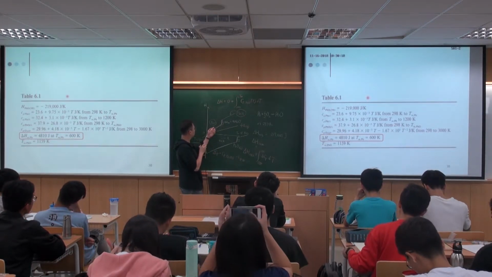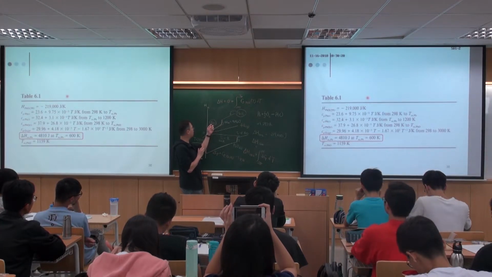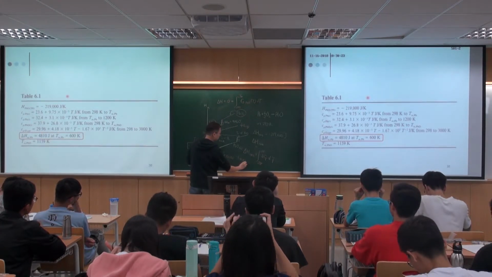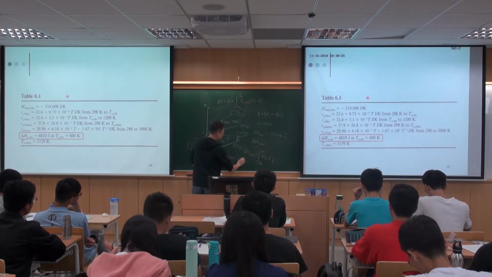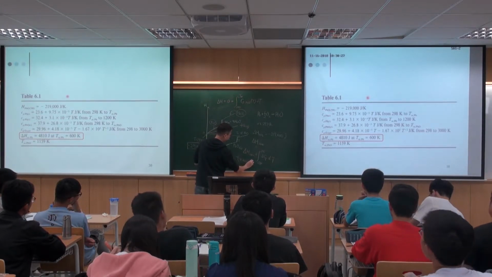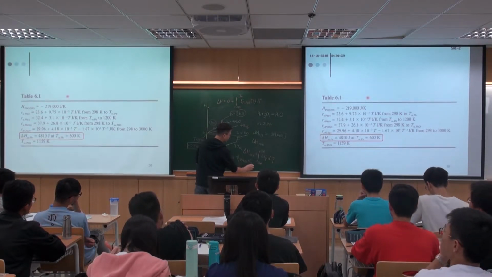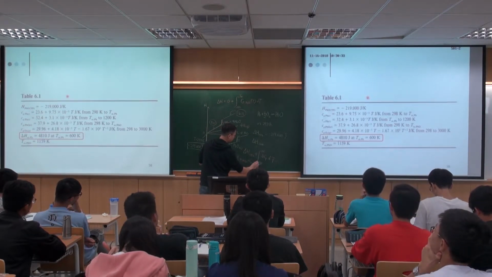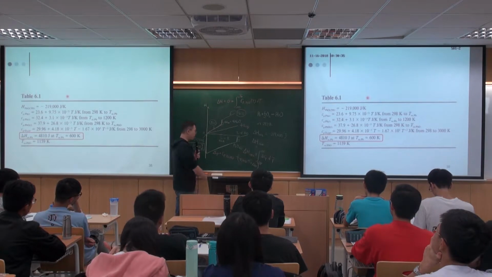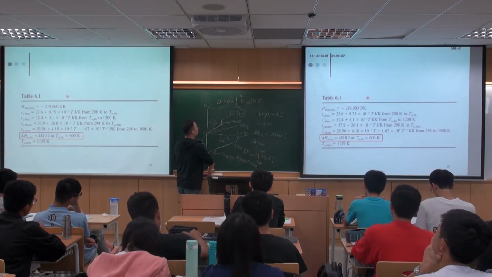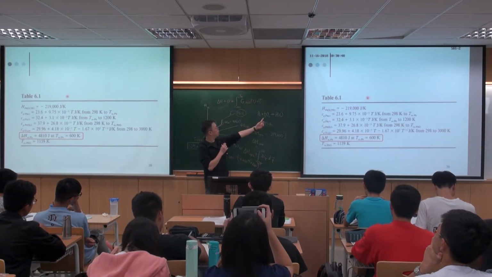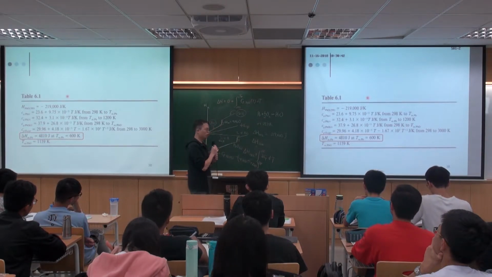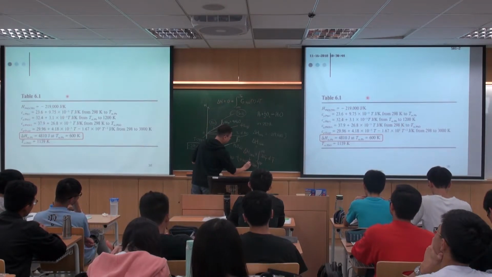And for 500 Kelvin, it is in the solid phase. And also, you have the Cp of oxygen. It's in the gaseous form. And remember, for oxygen, it is only 1/2. So you need to put a 1/2 over here.